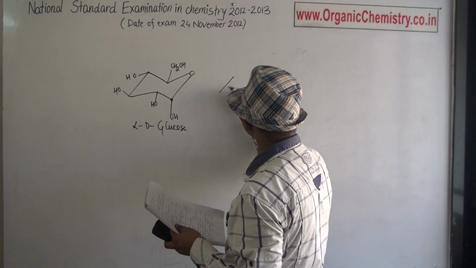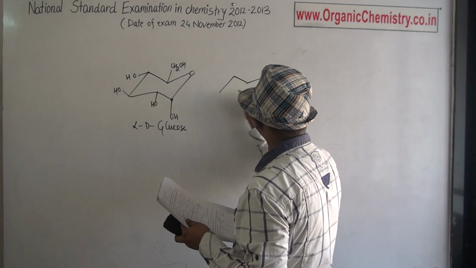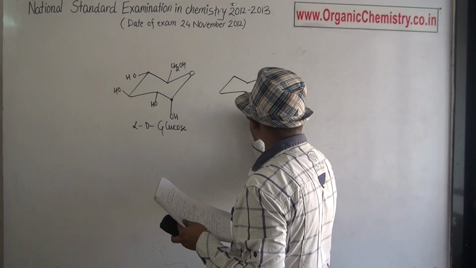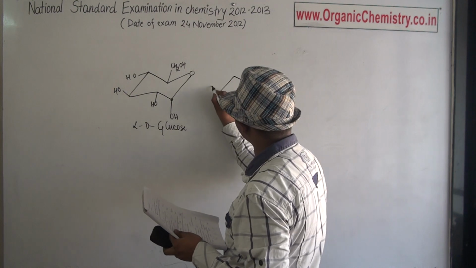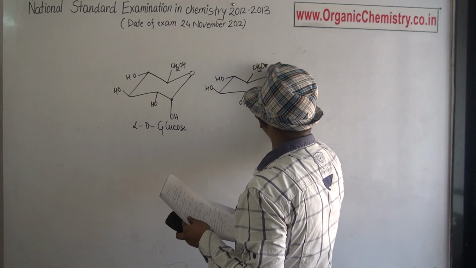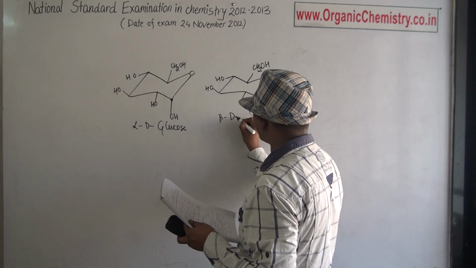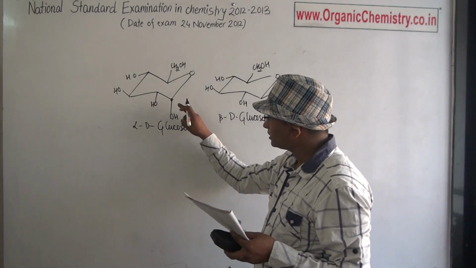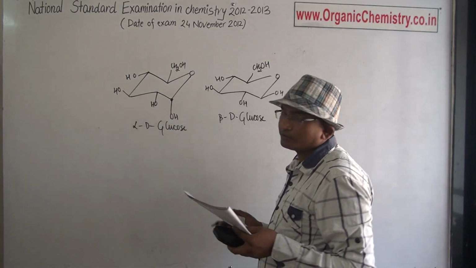But if OH is present on the equatorial position, above side, it is called beta D glucose. This is alpha D glucose, this is beta D glucose.